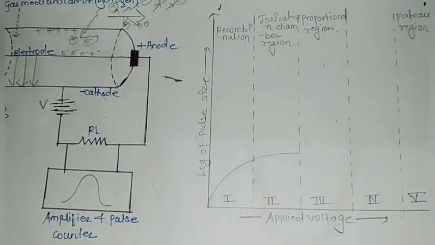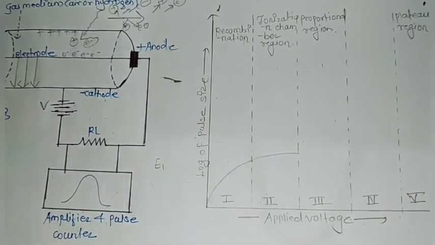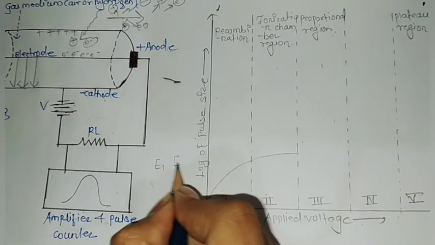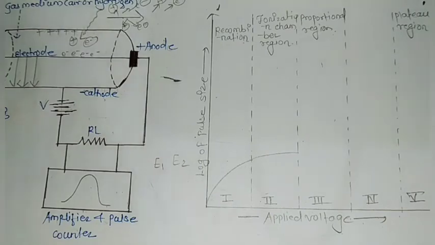Now I also want to distinguish between two situations. One situation where the nuclear radiation has an energy of E1, and a second situation where the nuclear radiation has an energy of E2. Let's suppose E2 is greater than E1. What is going to happen for the case of a particle having energy greater than this particle?